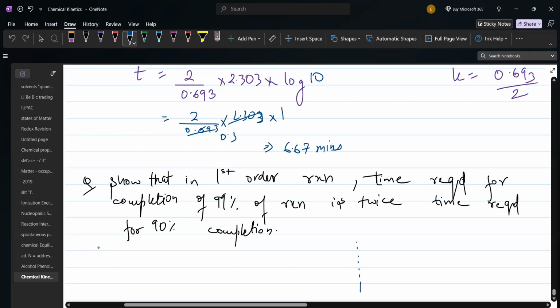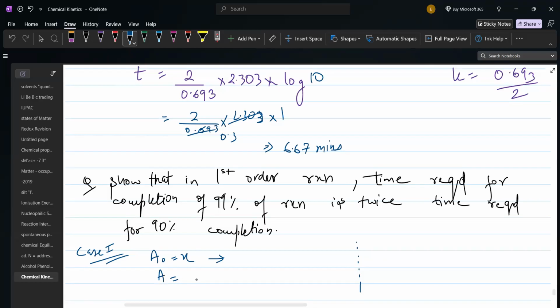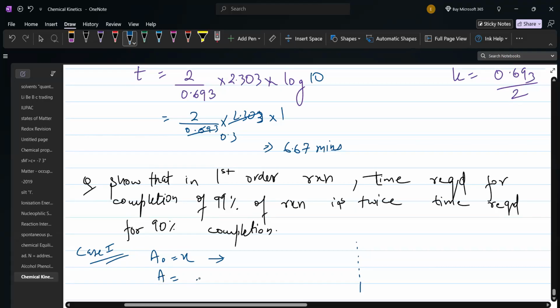So in the first case, case 1, 99% is complete. If A naught is x, A will be what? For 99% completion, A should be 0.01x, right?